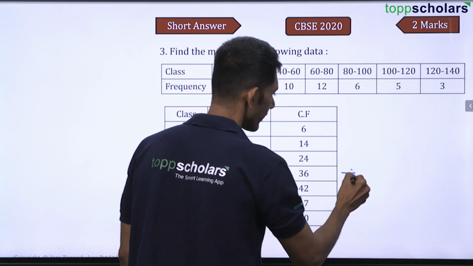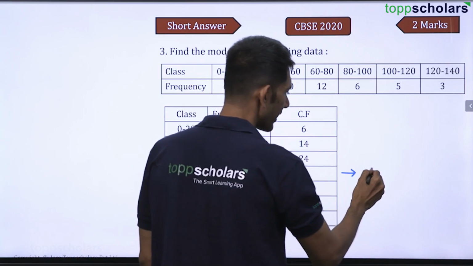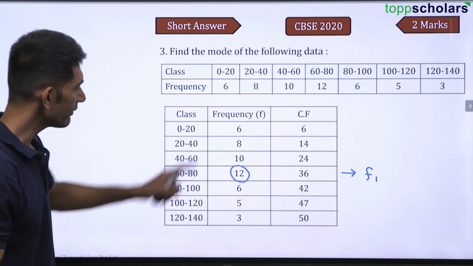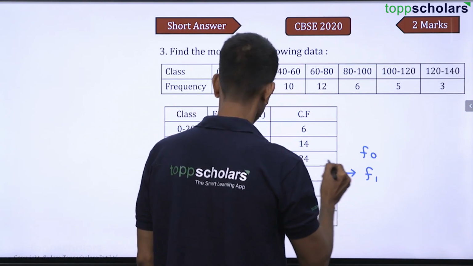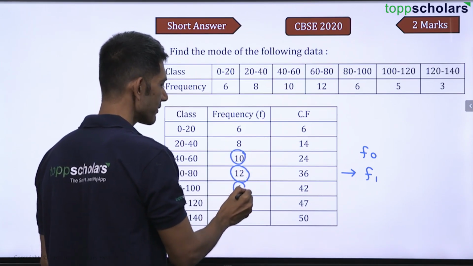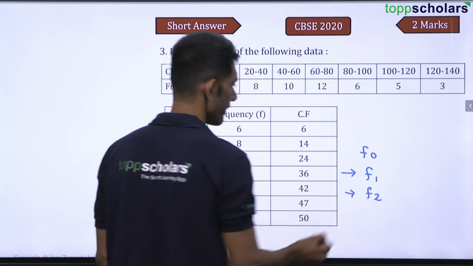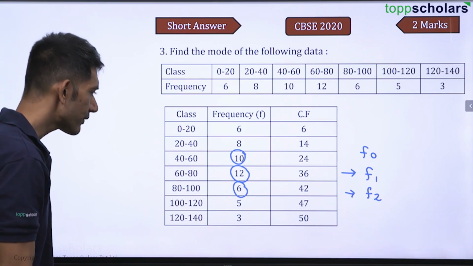And then whatever your modal class is, that remains your F1. Your previous frequency is F0. The next frequency is F2. So we have F1, we have F0, we have F2.